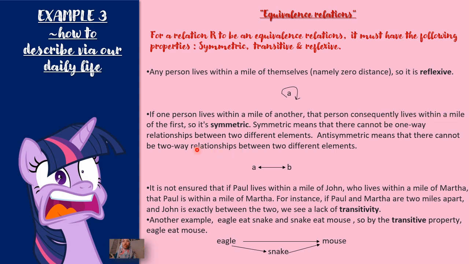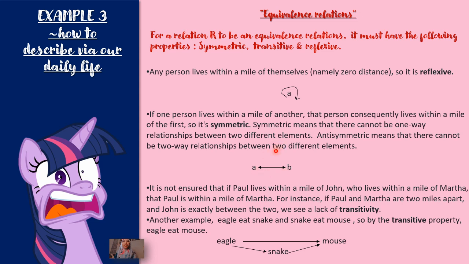Symmetric means that there cannot be one-way relationships between two different elements. Antisymmetric means that there cannot be two-way relationships between two different elements. As we can see, just say A is my house and B is yours. So the distance between our homes will be symmetric.